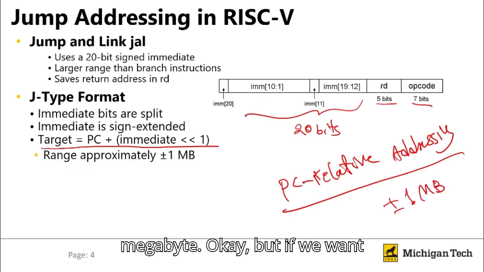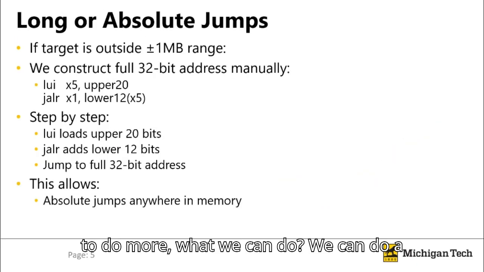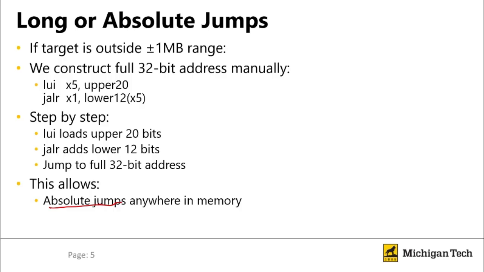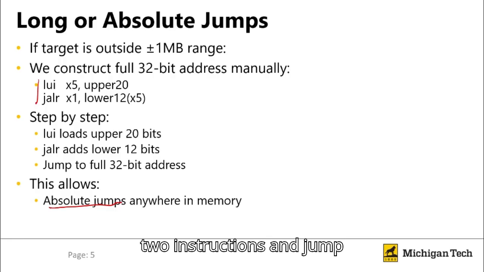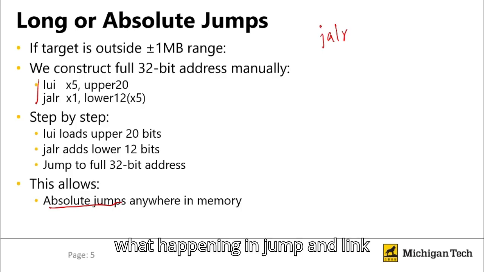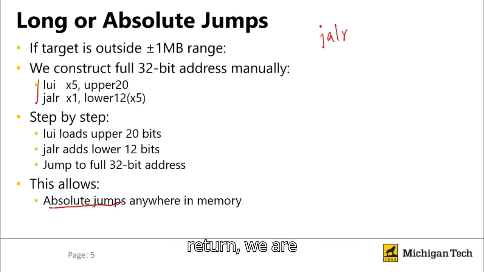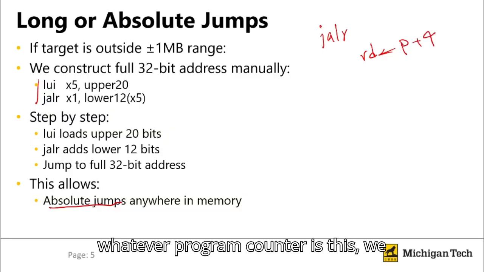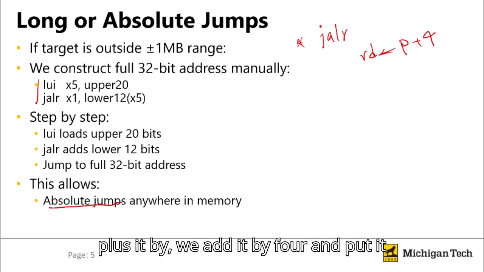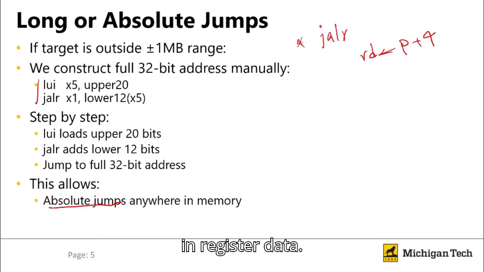But if we want to do more, there is a trick called absolute jump. In absolute jump, we use two instructions and jump and link return to do the jump. Remember, in jump and link return, what is happening? We find the destination register, that is program counter plus 4, whatever the program counter is, we add 4 to it and put it in the destination register.